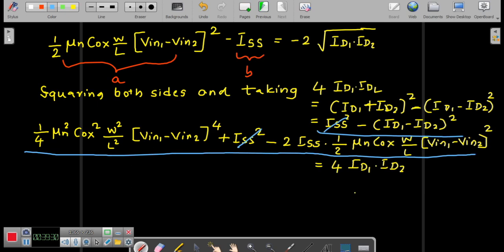So now when you remove that ISS square on both the sides, if you further simplify, you are going to get this equation as 1 by 4 mu n square Cox square W square divided by L square into (Vin1 minus Vin2) to the power of 4 minus 2 and 2 get cancelled here.